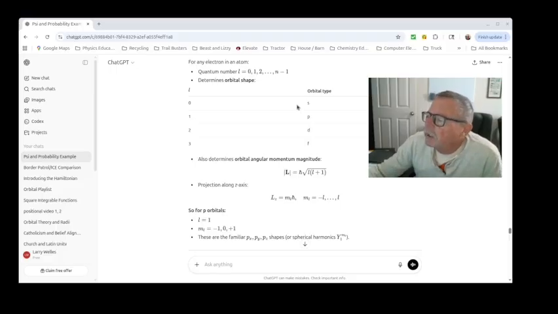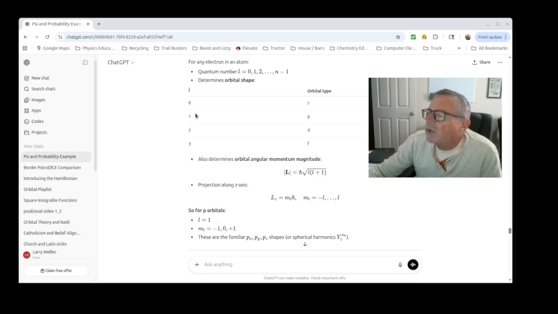Well, how can that be? Well, the S is a stationary cloud. The S is just a fixed probability at a certain radius. So it's really not rotating at all. And remember, the electron is not a point rotating around there, otherwise it would have orbital angular momentum.